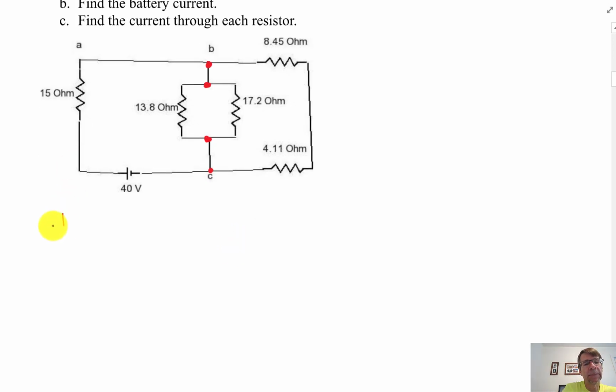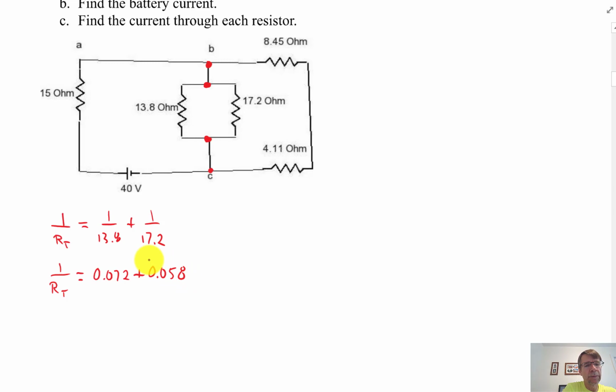But basically I'm going to do 1 over R total equals 1 over 13.8 plus 1 over 17.2. And once again, if I do all the math there, I get 1 over R total equals 0.072 plus 0.058.